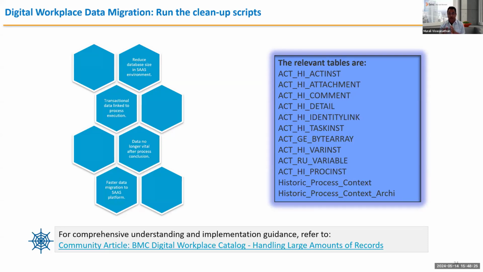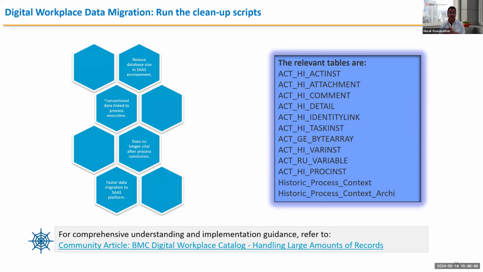So we strongly recommend you work with your customer. We have scripts available for you in this article. You run those scripts and clean up these forms before you do any data migration, because otherwise you'll be unnecessarily bringing millions of records on these forms over to the SaaS side and then cleaning up later. Also, the data migration will be very, very slow if you have a lot of records in these forms.